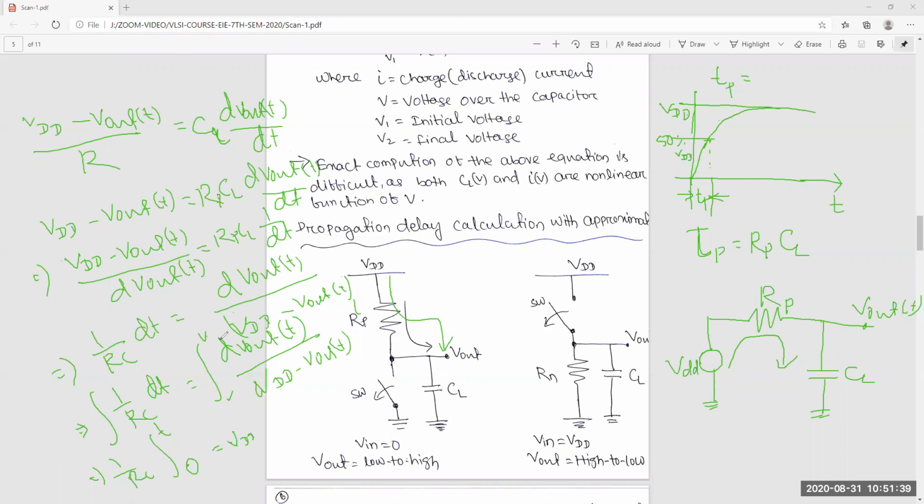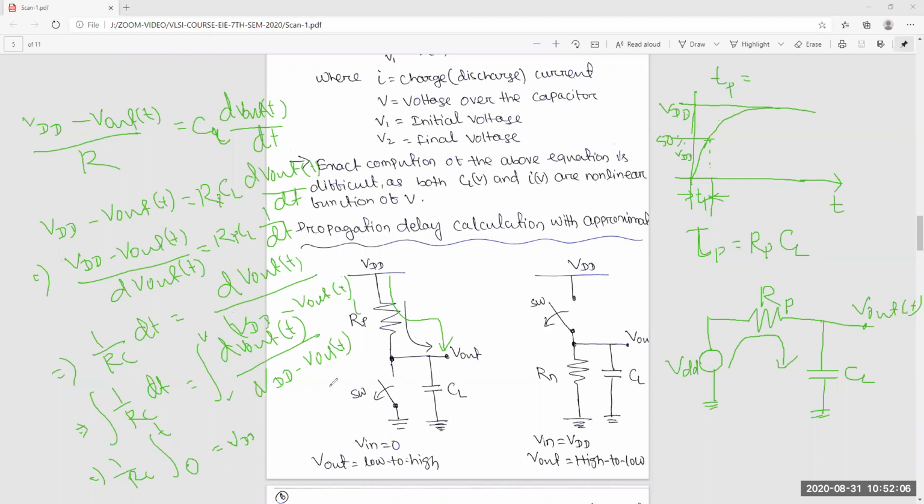Yes or no? When V out is equal to VDD by 2, that means 50% of the supply voltage. Then at that time, what is the time? We'll calculate that. So the integration limit will be 0 to VDD by 2 or VDD to VDD by 2.